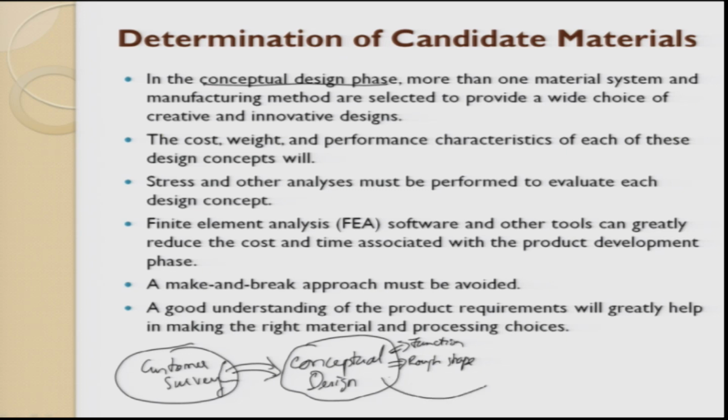Once the conceptual design is analyzed and accepted, he goes to the engineering design. In engineering design, he talks about shape, size, tolerance, etc., and then he tries to go for manufacturing.